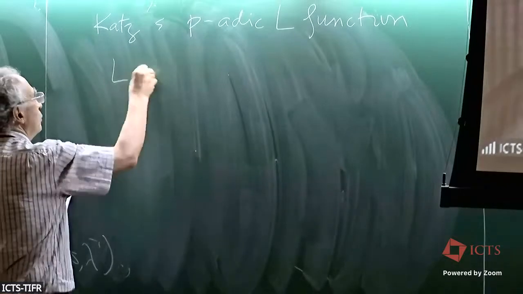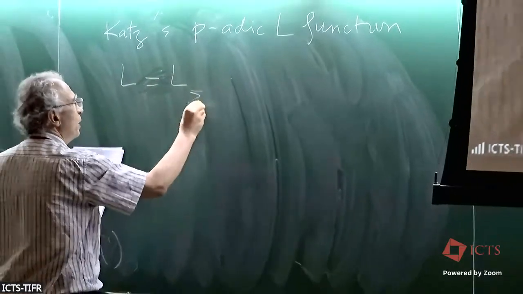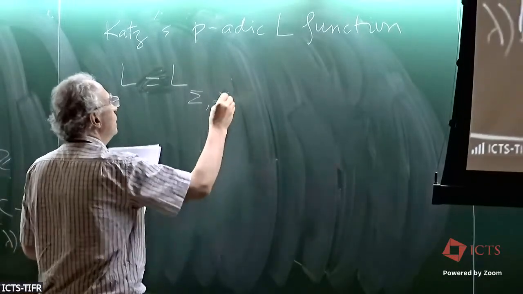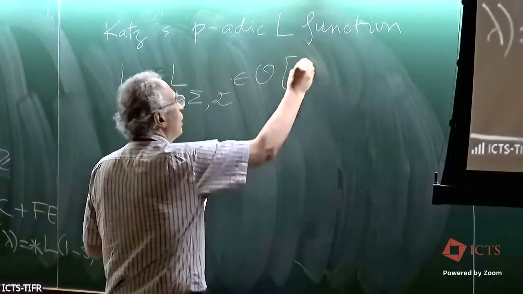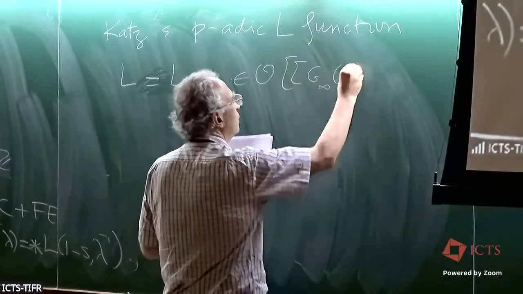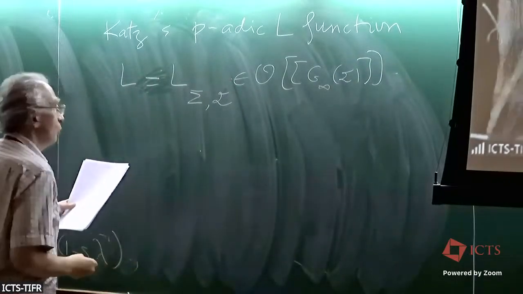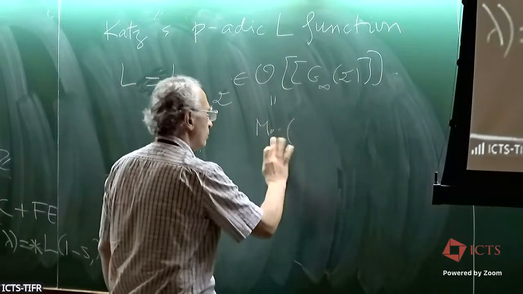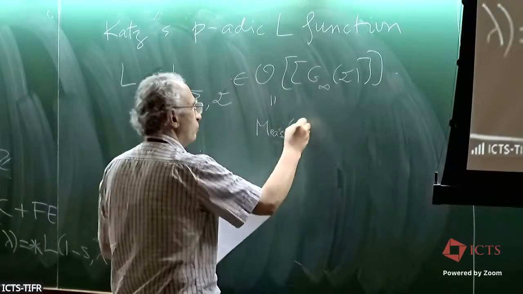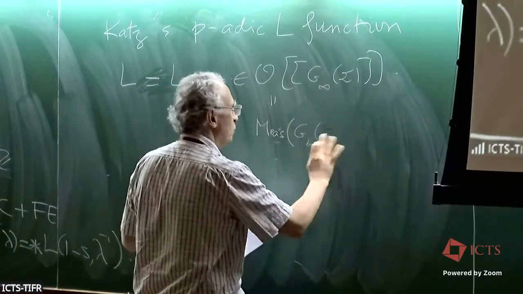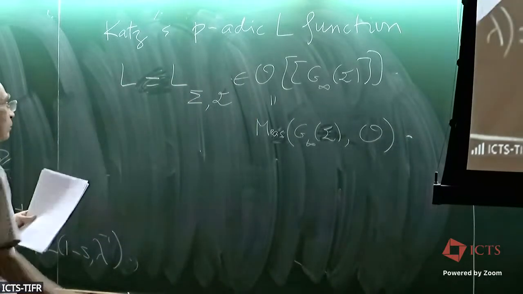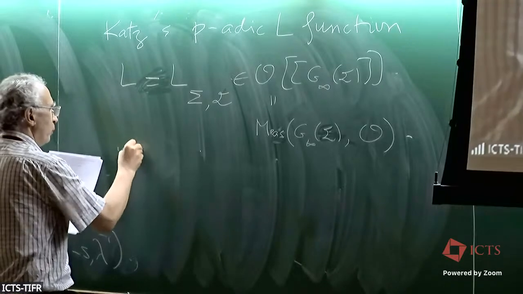The Katz p-adic L function is associated for us to the CM type Sigma and to the ideal C, the Gothic C. It's an element of O double bracket G infinity of C. And this ring can be identified with the ring of measures from G infinity C to O, with the following interpolation property.